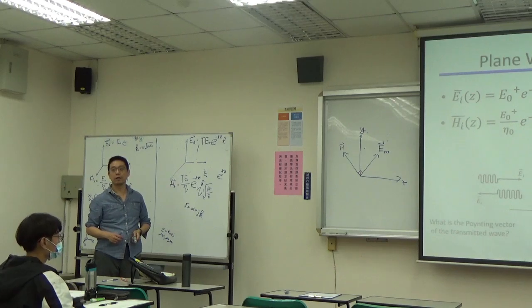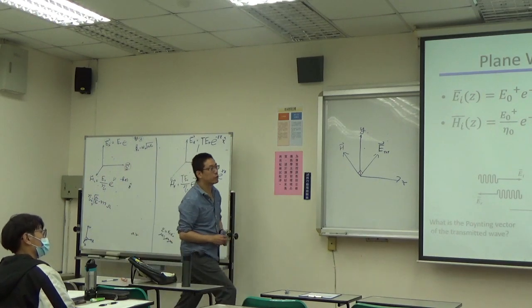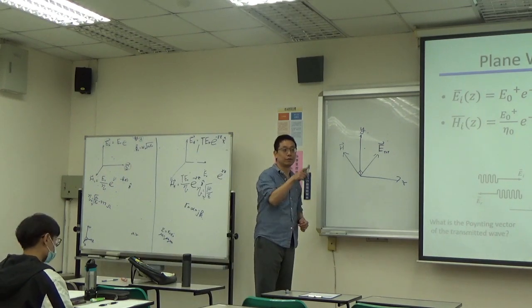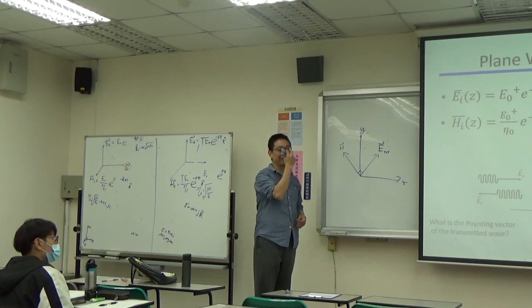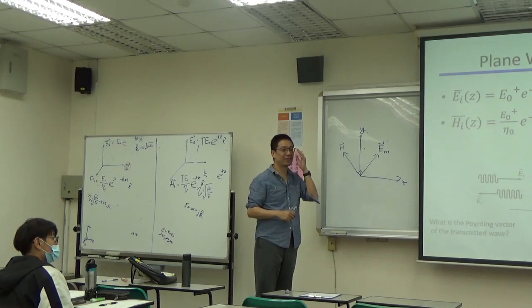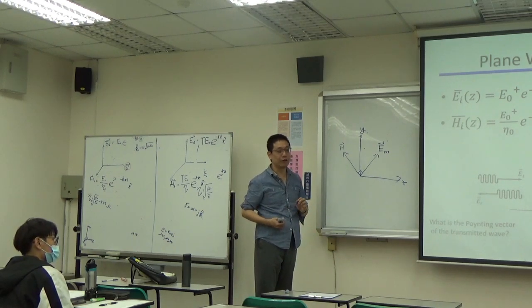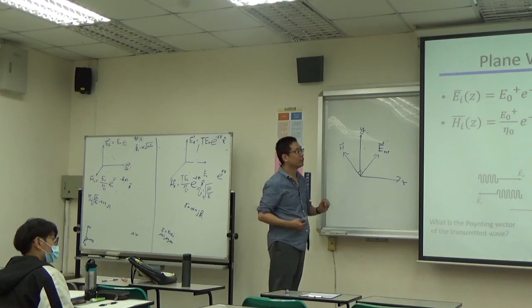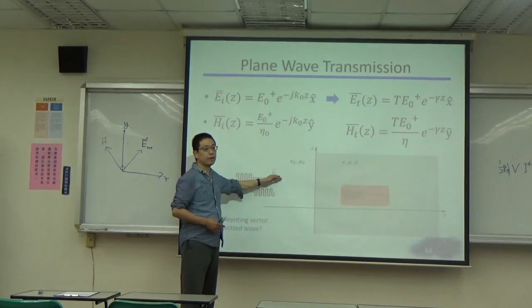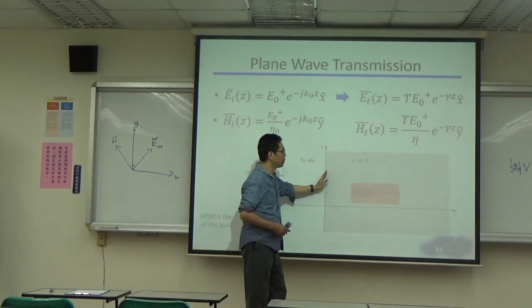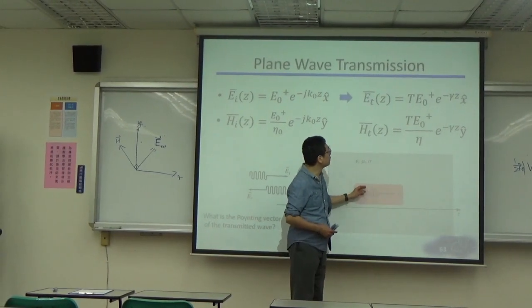Okay. You guys understand? Are you following? Huh? No? You follow? Really? You have a material, your electric field EI. You concentrate your EI, and then there is an ET.